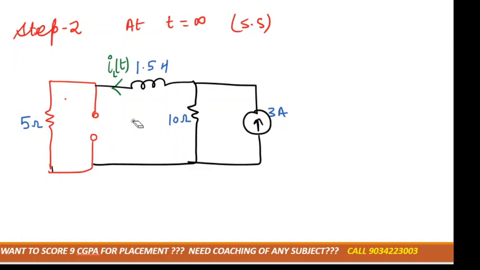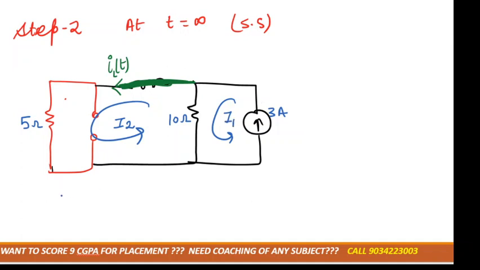So it's open, and again inductor will behave as a short circuit, so we have to calculate the current across inductor. Now simply how many meshes would be there in this case? 2. So this one we can consider as I2, and this one we can consider as I1.